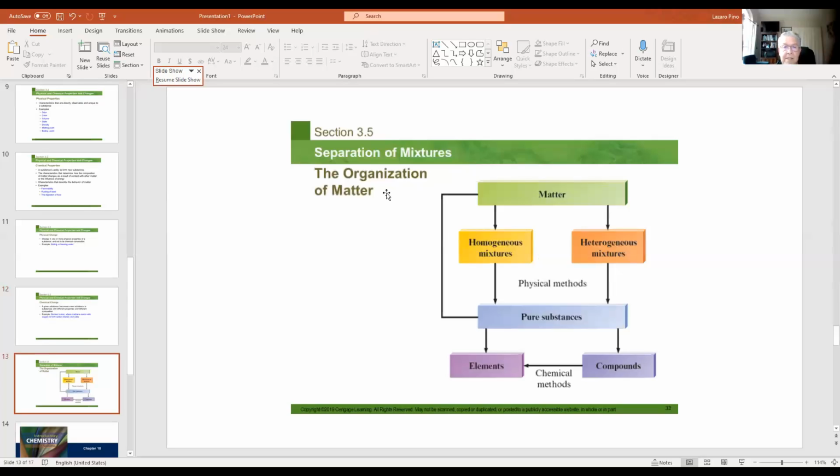In this chapter, it is also important that you know the different classification of matter. For example, what is a pure substance? And that pure substance could be elements or compounds. And also you have to distinguish in mixtures the homogeneous and the heterogeneous one. This is a part about matter.